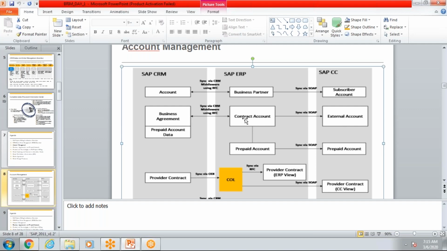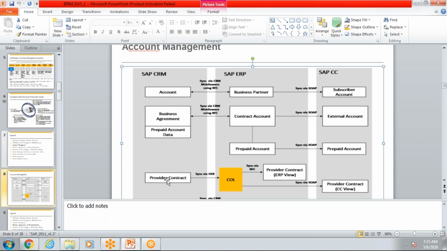This replication won't happen in our training, because whatever systems we will be using are test systems like IDES systems, so certain data and certain functionalities won't work. This is business agreement.